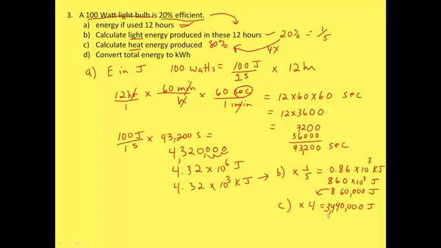of energy. Now in the final answer that we need up here, we need to calculate and convert total energy into kilowatt hours. So we've got a total of 12 hours to start with. So we need to go on back. So we'll put D over here.